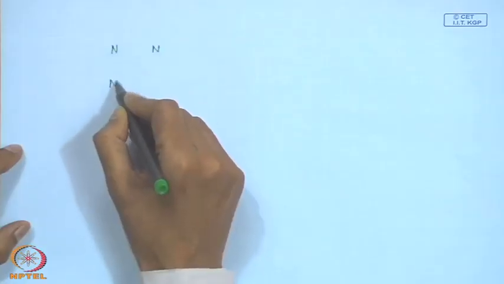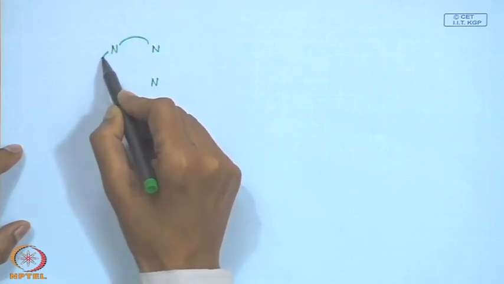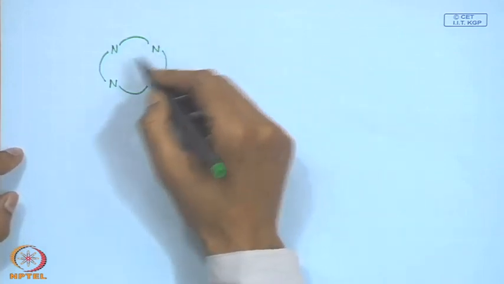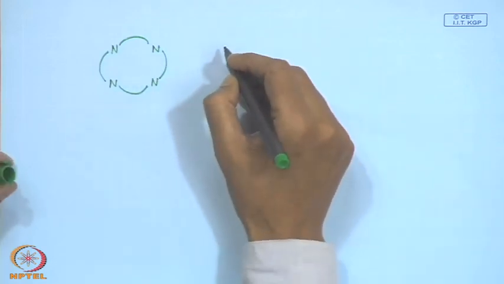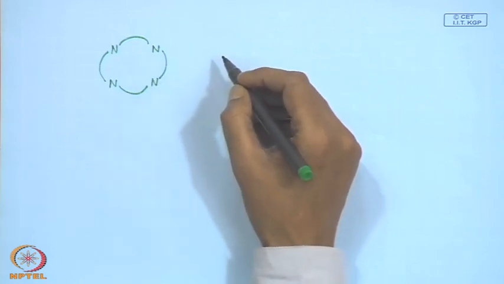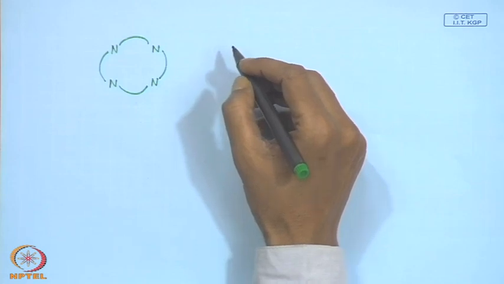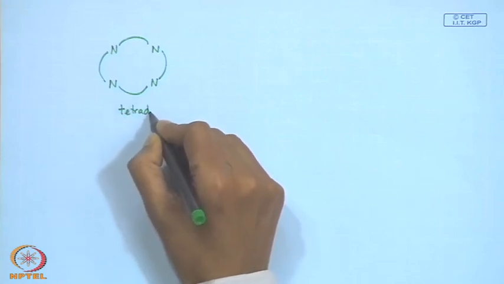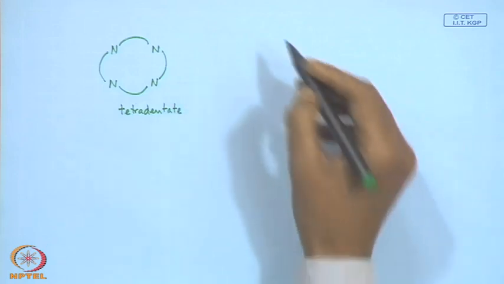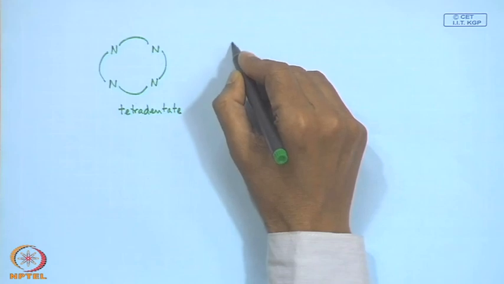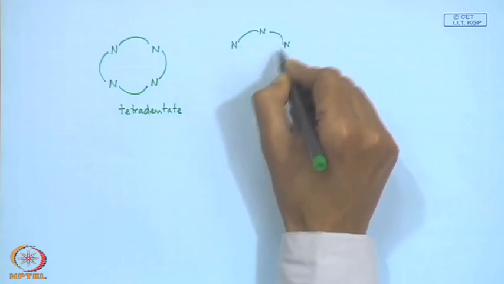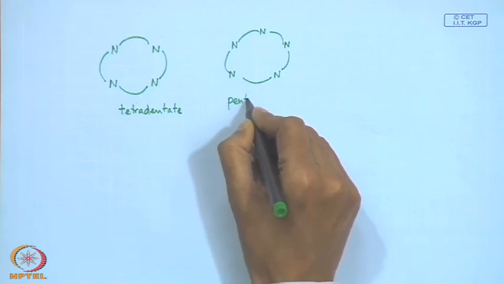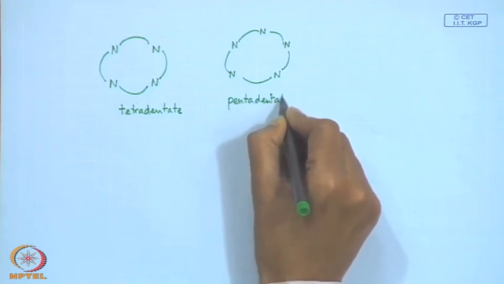If it is a nitrogen based system, we can go for simple derivatization of these nitrogen positions, or through some Schiff base condensation or some other tetrapyrrole type of condensation reactions, we can move from this tetradentate ligand, putting one more nitrogen, making it pentadentate.